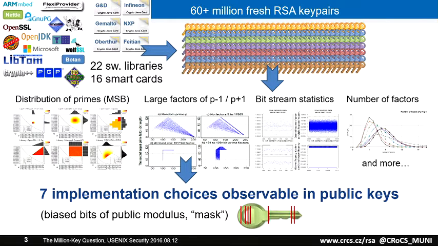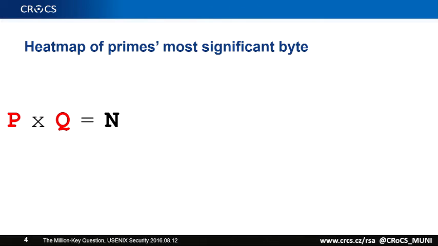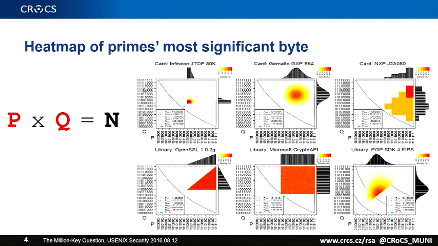So one example of an implementation choice that biases something in a public key is printing the heatmap of the most significant byte of primes. We have the primes for the analysis part, and therefore we can take the most significant byte from P, the most significant byte from Q, x-axis is P, y-axis is Q, and then just plot it.